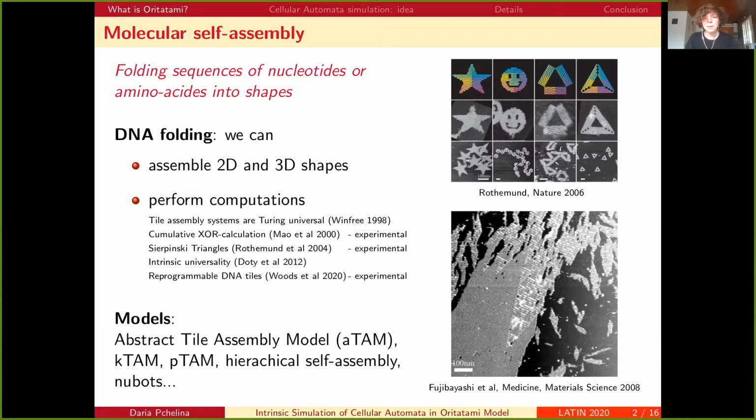Among experimental results, we have this folding of Sierpinski triangles and a set of reprogrammable DNA tiles able to execute several 6-bit algorithms. But DNA folding has its disadvantages. For instance, DNA molecules are very rigid and they require high temperatures to be assembled. That's why we're interested in RNA folding.